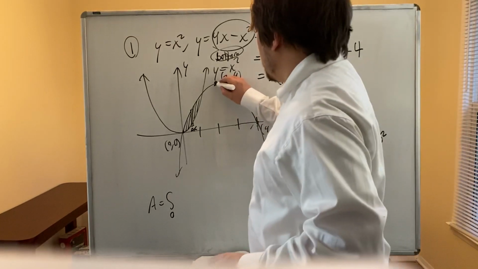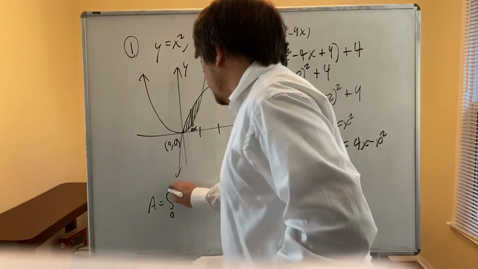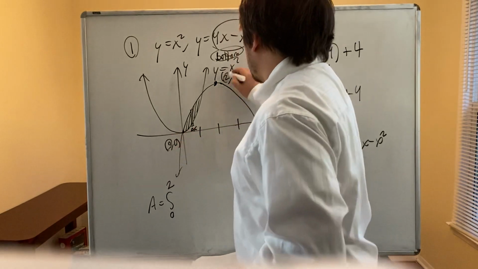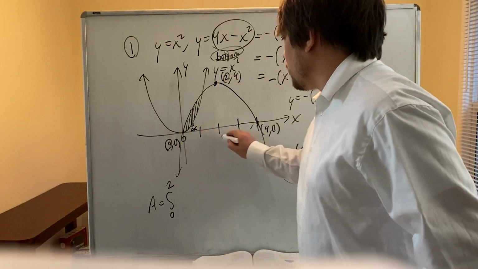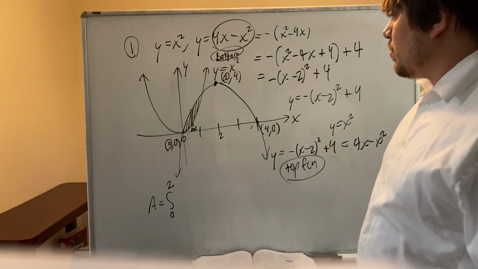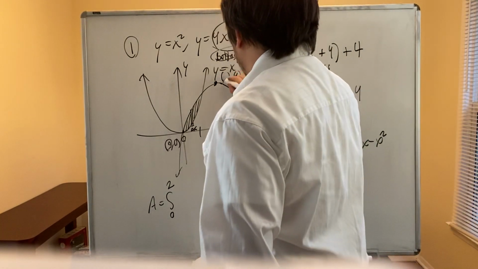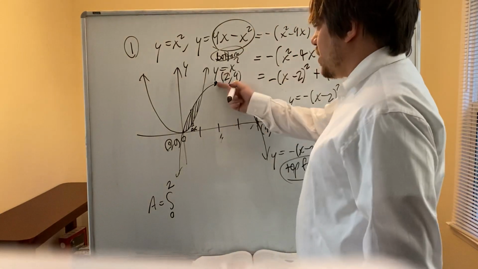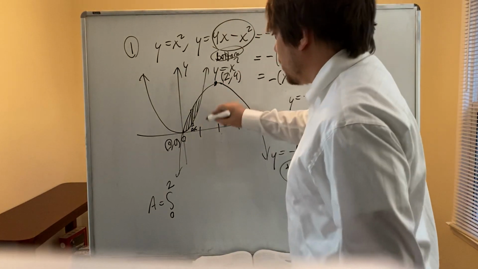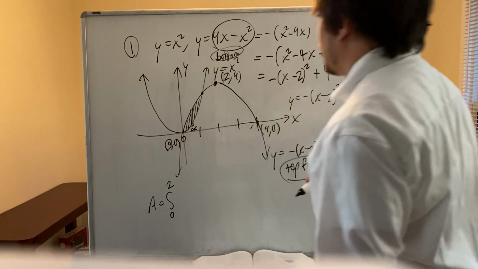Okay, so that's 2 comma 4, but we want the x value here. So it ranges from 0 to 2. Oh, wait, sorry. That's not it. We want the intersection points of the two graphs.